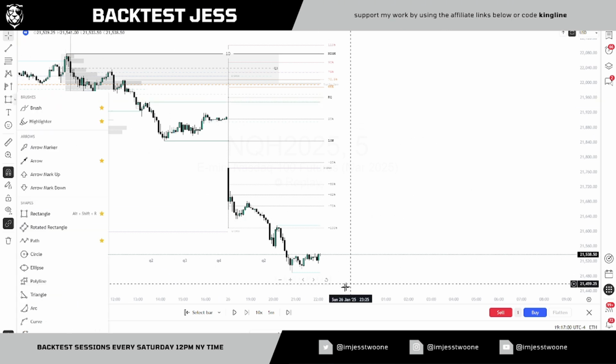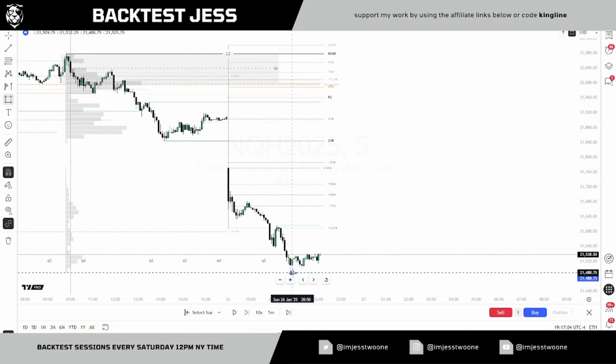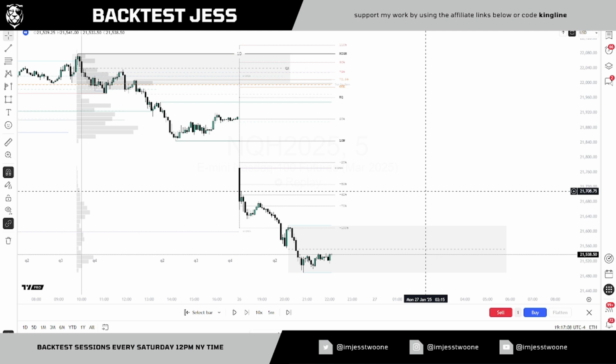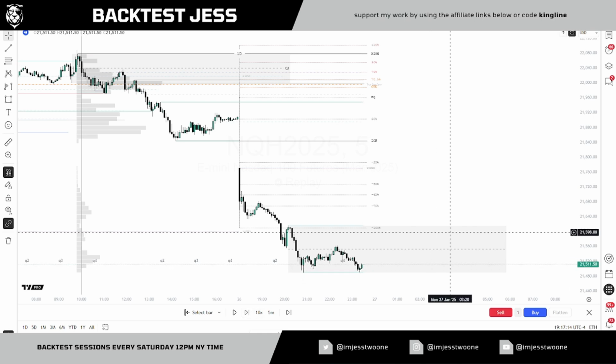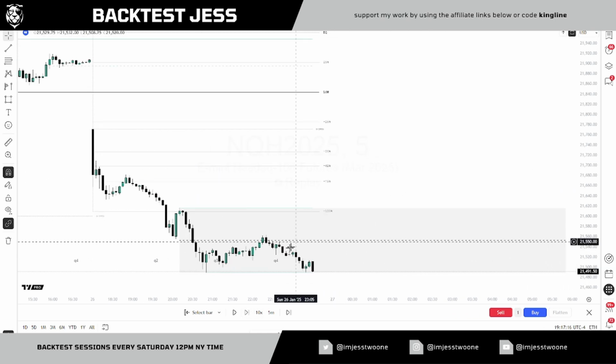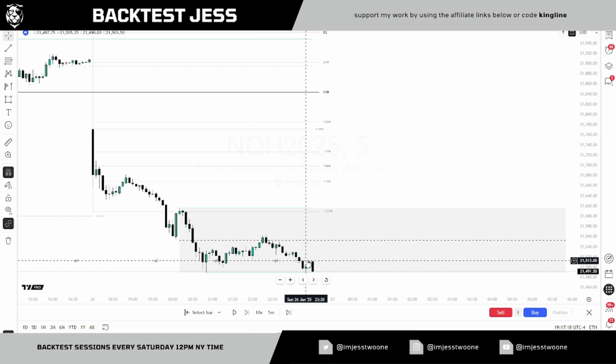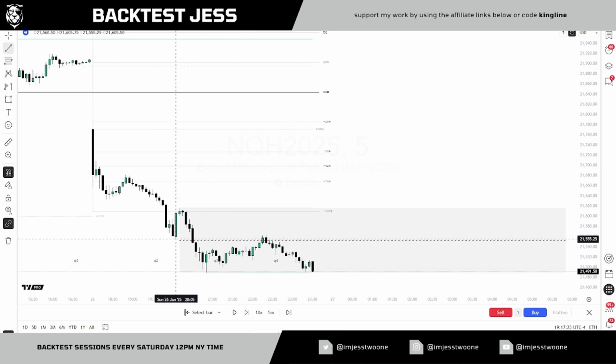Alright, so we want to see if this gets confirmed or denied. This is the high that I will be watching for a bullish CSD. Alright, and we do actually close lower instead. Oh, well, we actually completely missed this one.